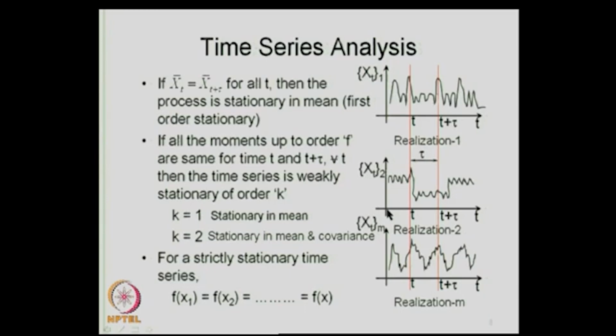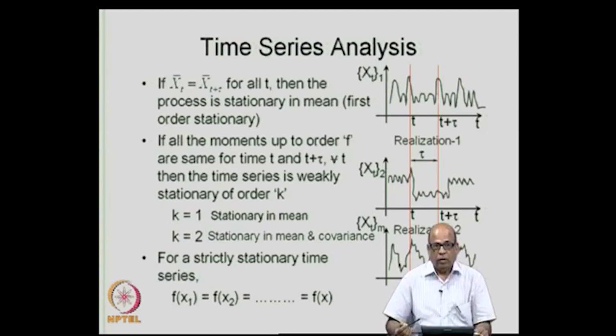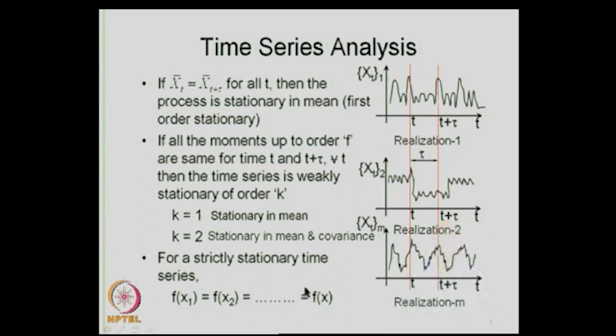If the process is stationary in covariance, but not stationary in mean, then it is not weakly stationary of second order. Again, for a strictly stationary time series, you must have the PDFs, f of x1, x2, etcetera, to be the same across time.